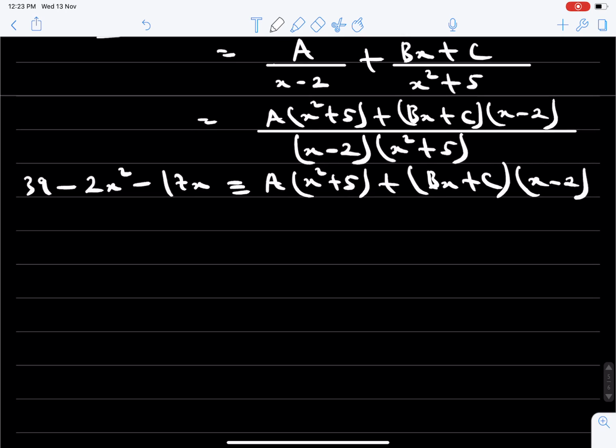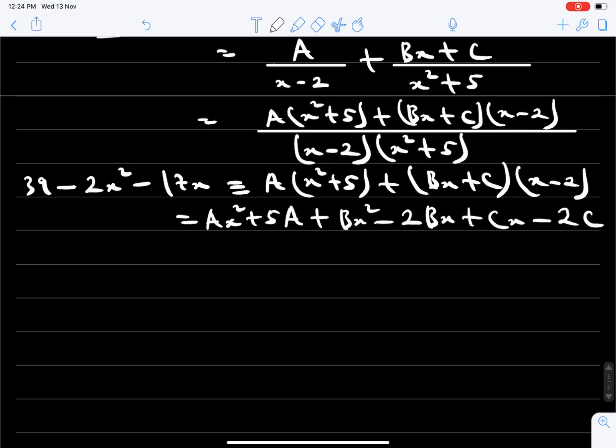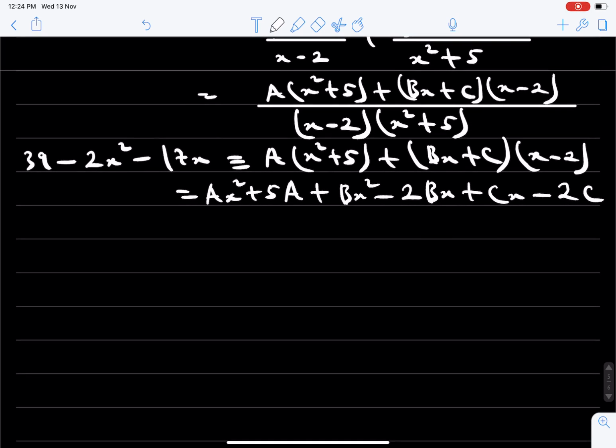So what do we do? All right. I think I will just expand the right hand side. That will mean ax squared plus 5a, plus bx squared minus 2bx plus cx minus 2c. I want to collect like terms.